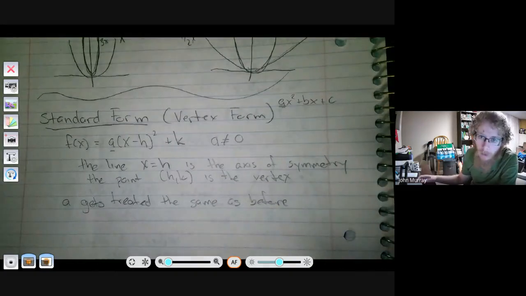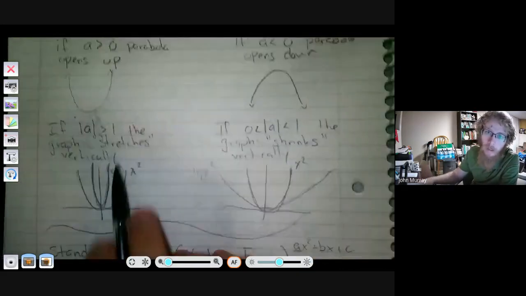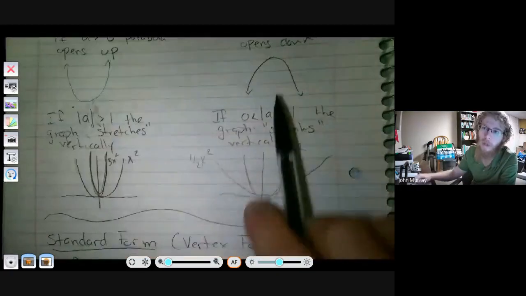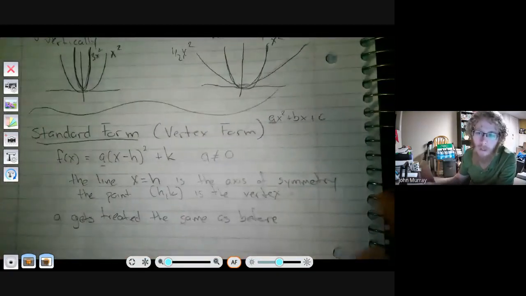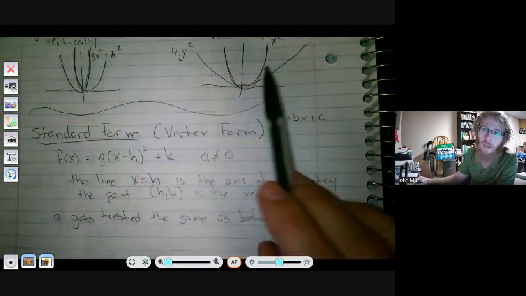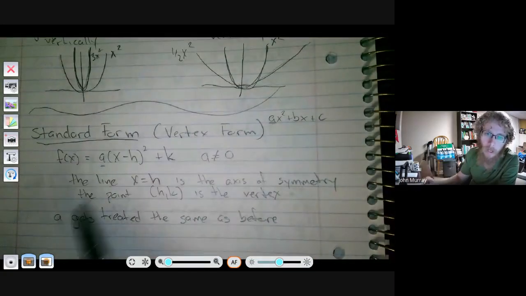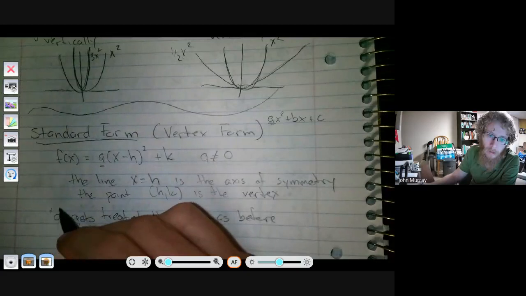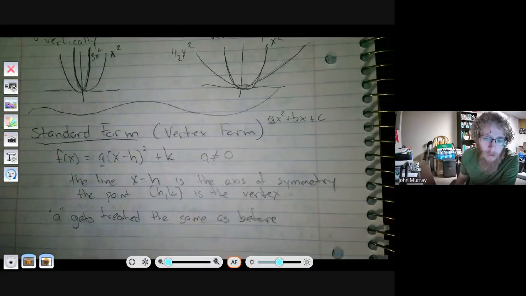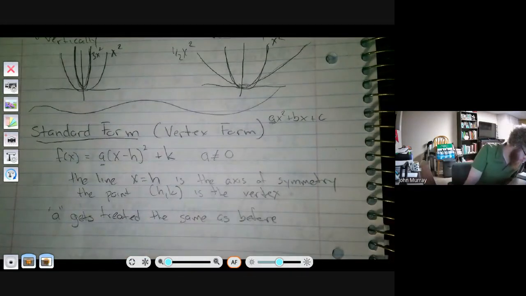Essentially, it's the same thing. So when a is positive, it goes up. When a is negative, it goes down. If it's a large number, it becomes skinny. If it's a fraction, it becomes wide. So a here gets the same treatment.